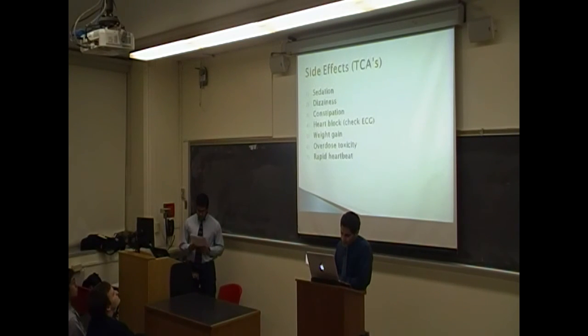Some side effects we see from TCAs are usually CNS ones, which include dizziness, aggressiveness, excitement, nightmares, insomnia, forgetfulness, and irritability. They're usually similar to the other antidepressants, but one of the biggest similarities is the risk of new onset suicidality in young patients.